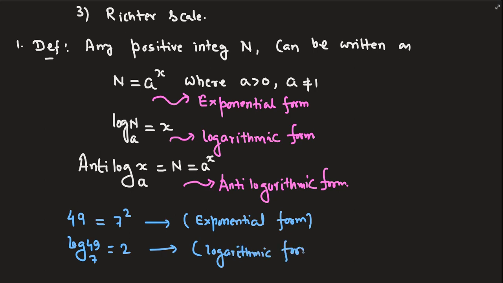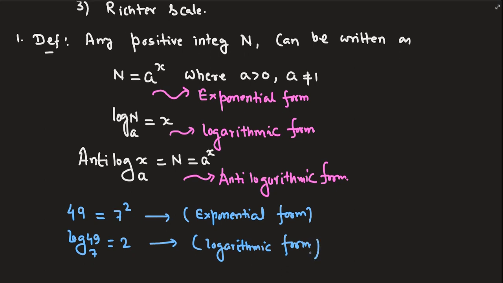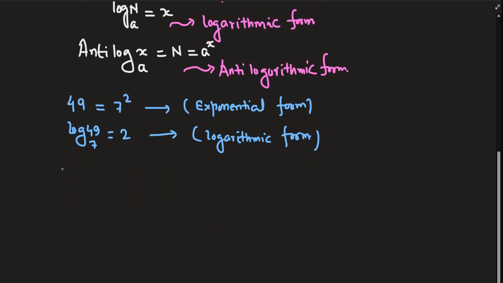Now from here we can also write the anti-logarithmic form. Anti-log of 2 base 7 is nothing but 7 power 2, which is equal to 49.